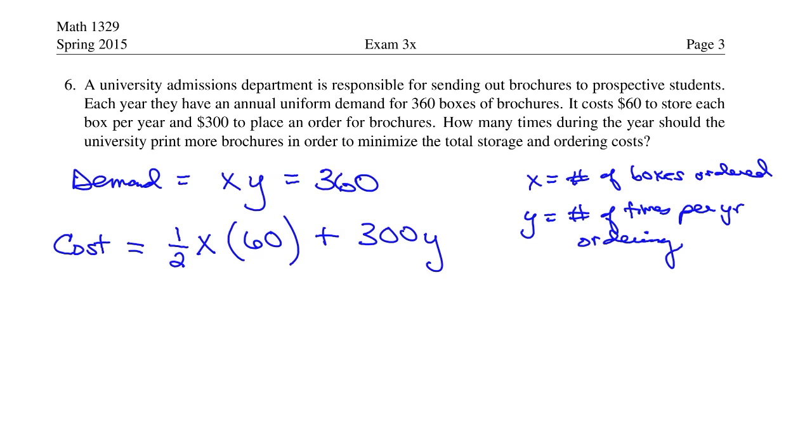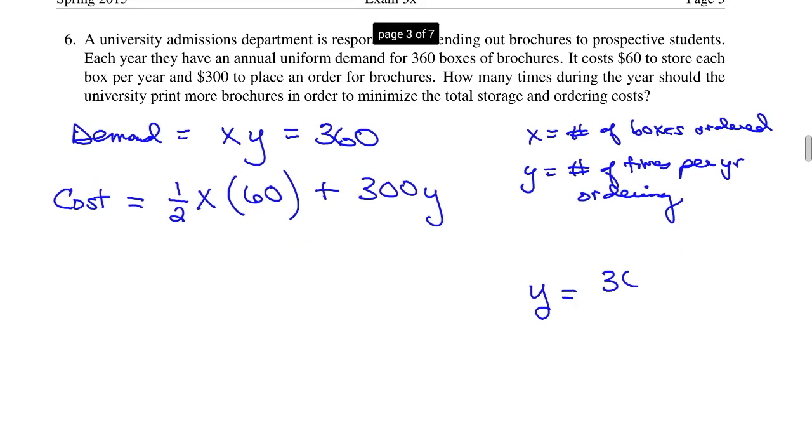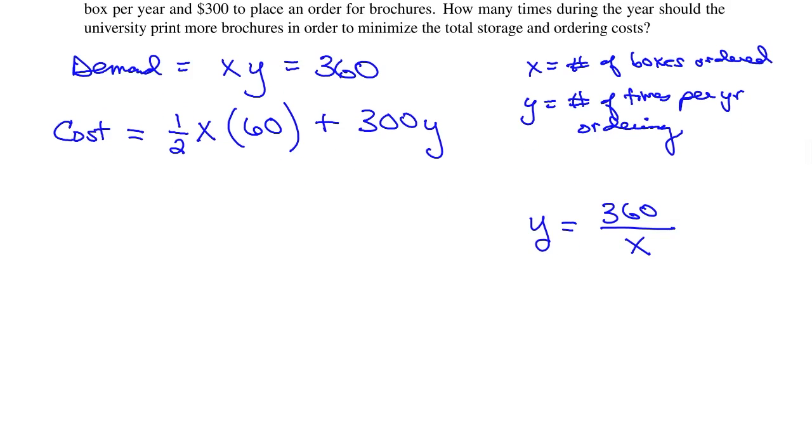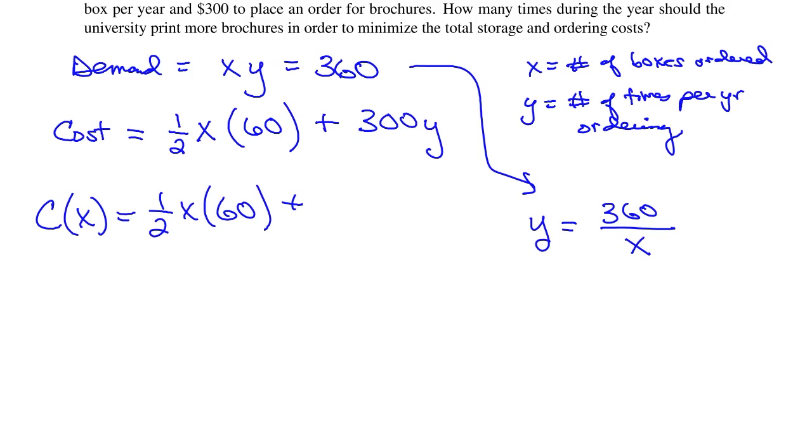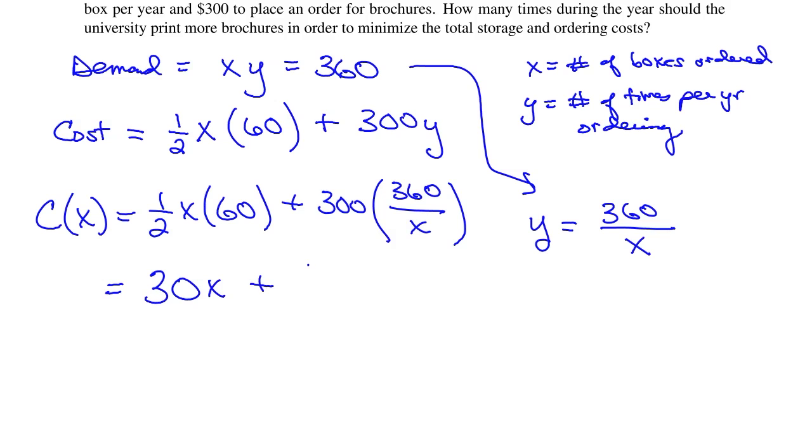If you take the demand function and solve for y, you get y is equal to 360 over x. So I'm going to put that into the cost, and now cost will just be a function of x. Now simplify. So this is equal to 30x plus 108,000 over x.